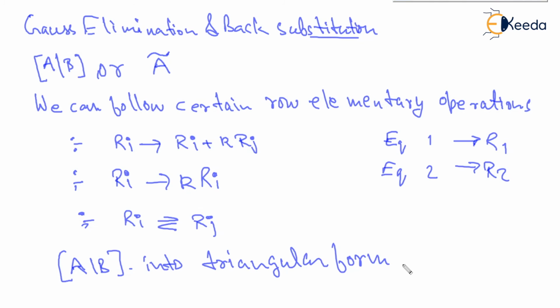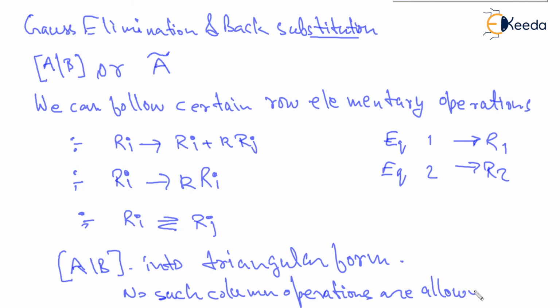So any such operation will not change the solution of the system. But what if we do these elementary operations in terms of columns? Can we do it with columns, like column 1 equal to column 1 plus 2 times column 2? The answer is no. No such column operations are allowed, right?